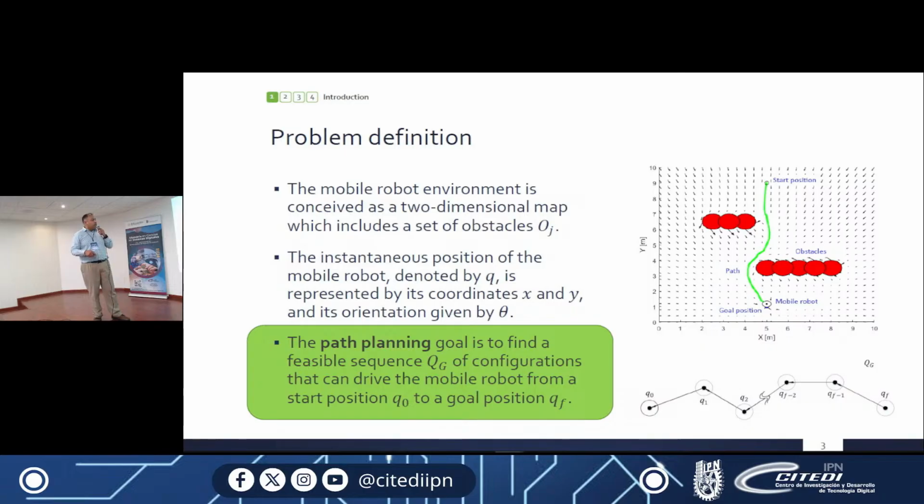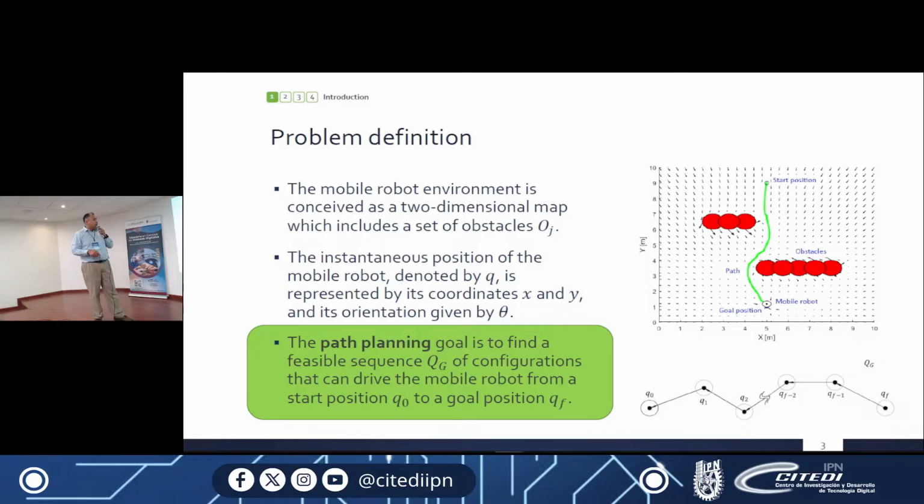We are using a bidimensional environment. Imagine that in this room we have a camera on the ceiling, on the top, viewing all the room. This environment is populated with several obstacles, in this case, these red circles.